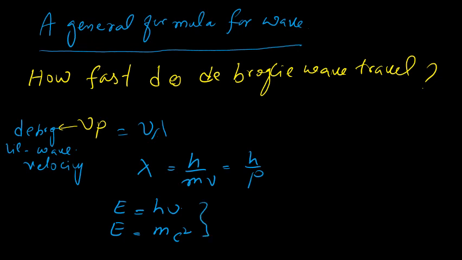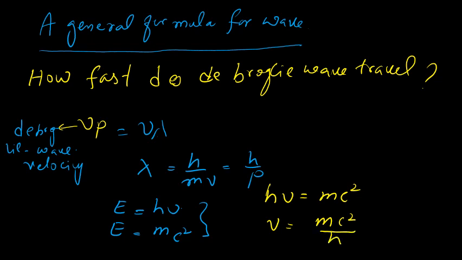We can equate both equations and write h mu is equal to mc square, so mu will be equal to mc square divided by h.